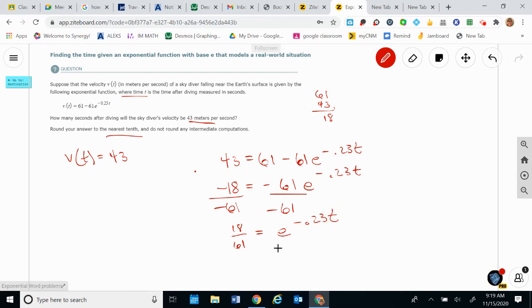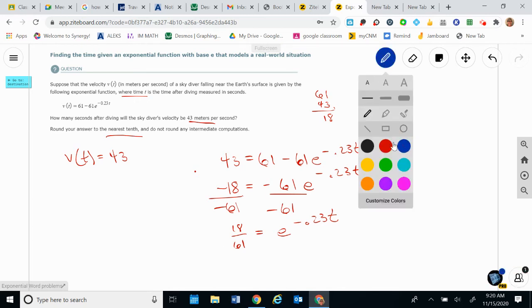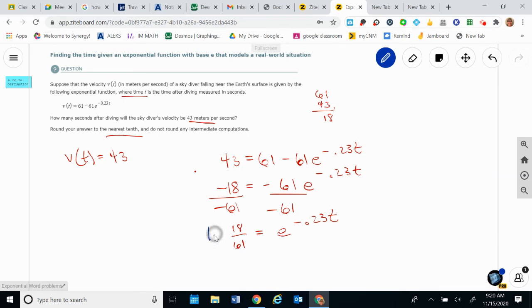We got to bring the t down. So we take the natural log of both sides. I'm just going to write the word ln right here. Now I don't have to write the whole thing all over again. And then we get ln of 18 over 61 is equal to, that's going to cancel out, and this is going to come down.